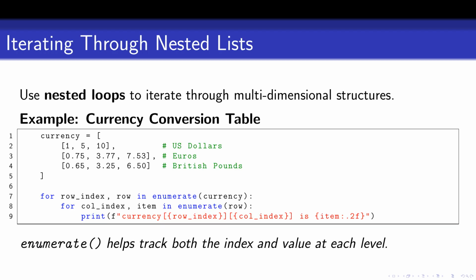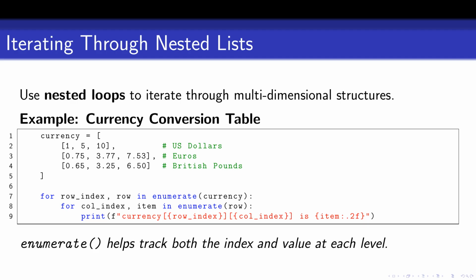To work with multi-dimensional structures, you'll often use nested loops. This pattern lets you iterate through each row and each column within that row. Python's enumerate function is especially helpful here, as it gives you both the index and value at each level.